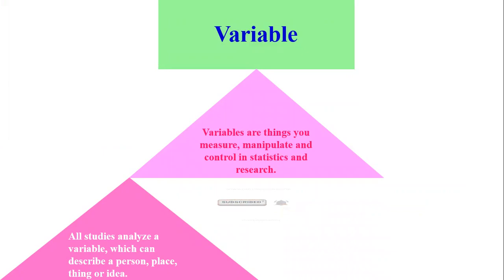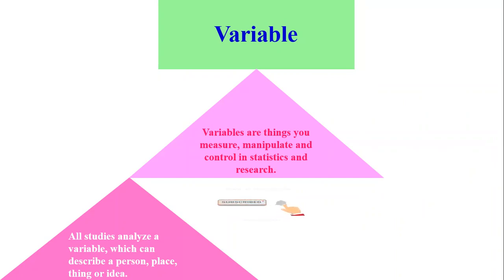We can measure water, we can measure drink, we can measure groceries, right? Those things which are quantifiable or non-quantifiable are called variables. Manipulate and control in stats: those things which we keep under control in our laboratory or in research are called variables.